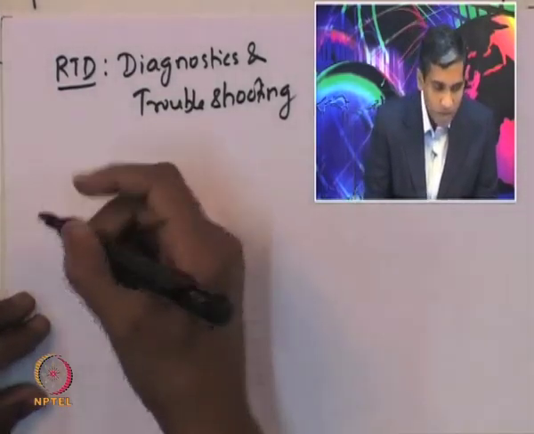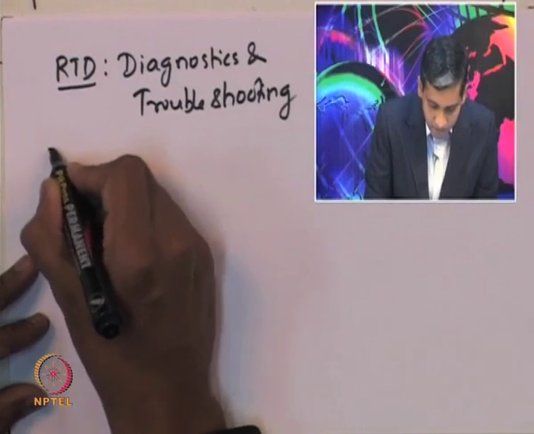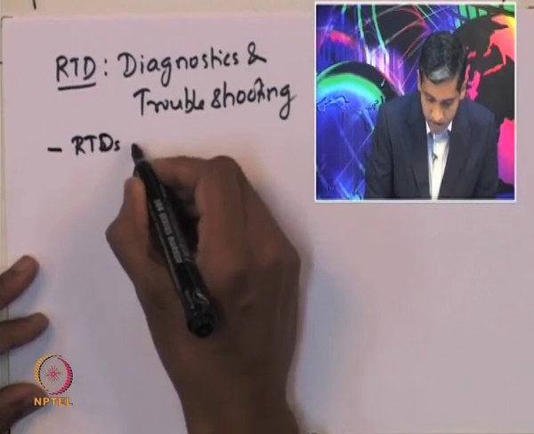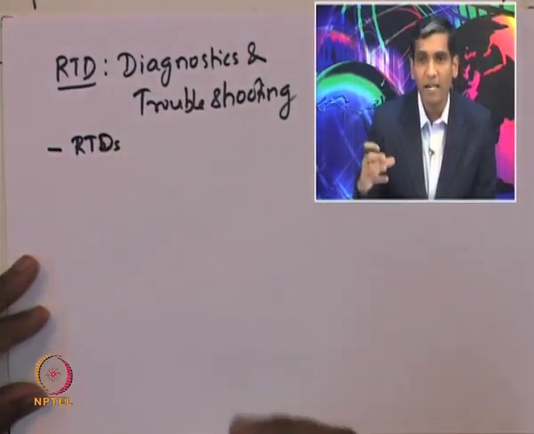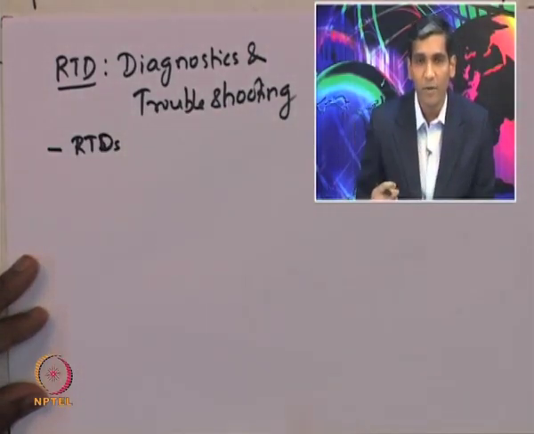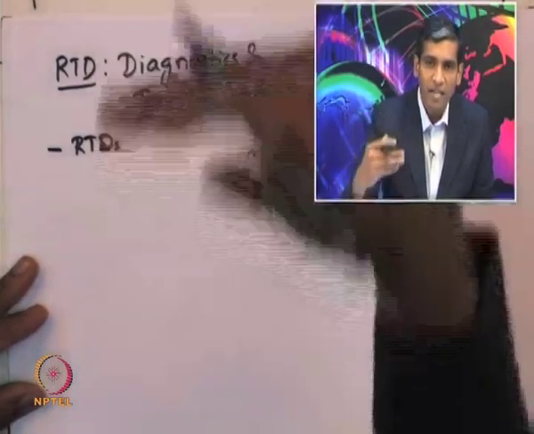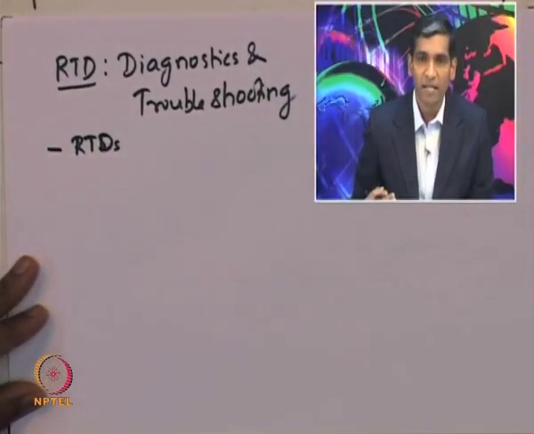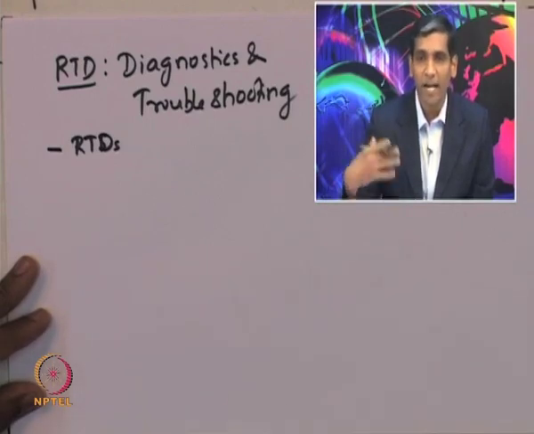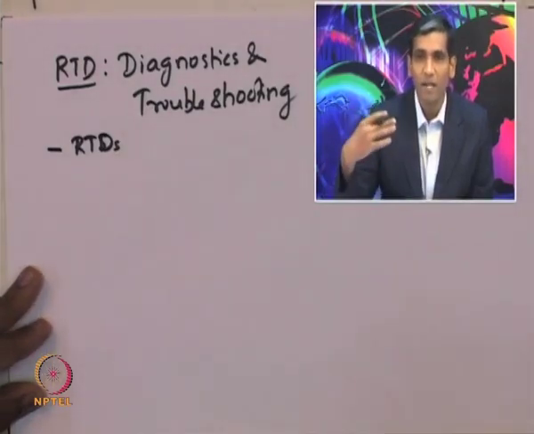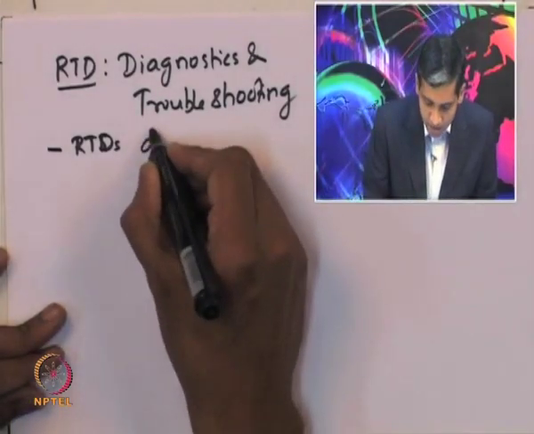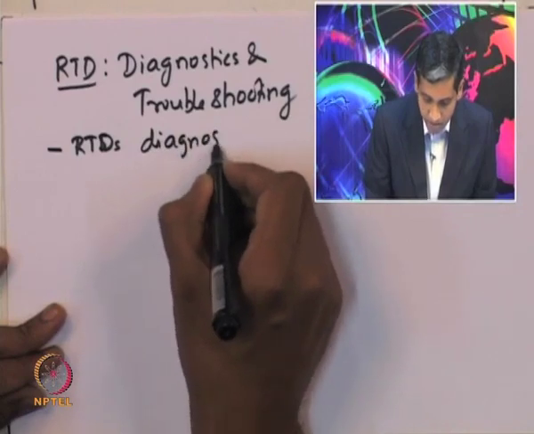So, how do we do this? RTDs are used for diagnosis. By comparing the RTDs that are theoretically estimated for certain types of reactors with the RTD of the real world reactor, which may be estimated using experimental methods, one can find out the class of the real world reactor based on the RTD function. So, RTD function can be used for diagnosis.